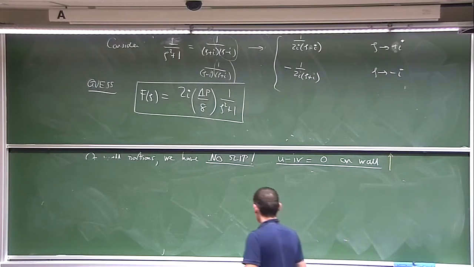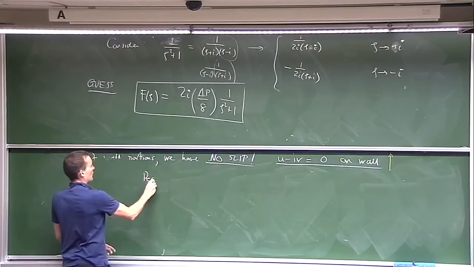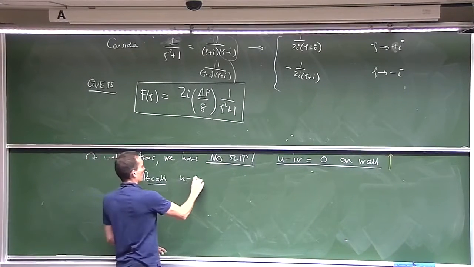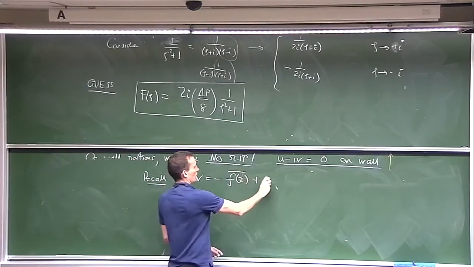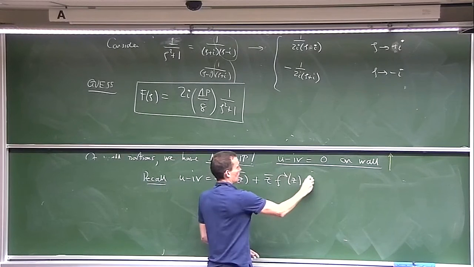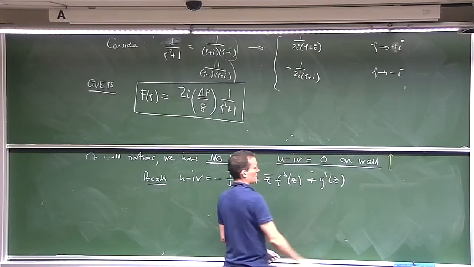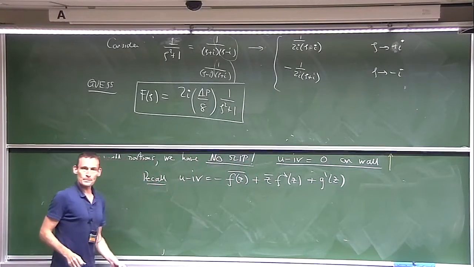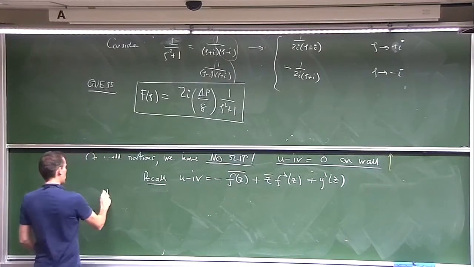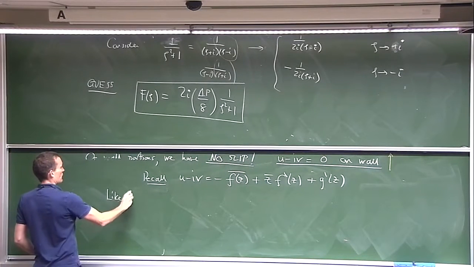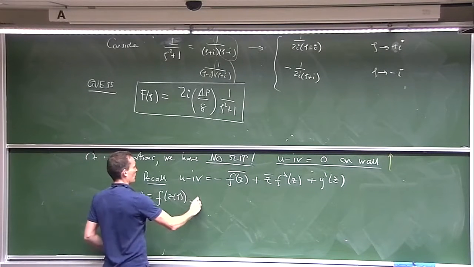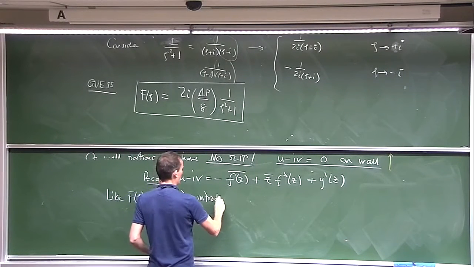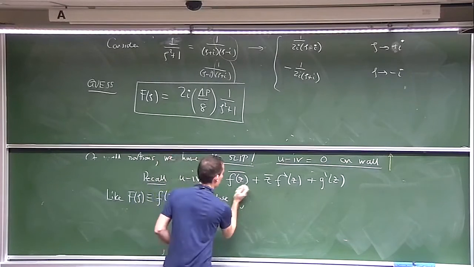But look, what's u minus iv? Well, like f of zeta, I'm going to introduce capital G of zeta.